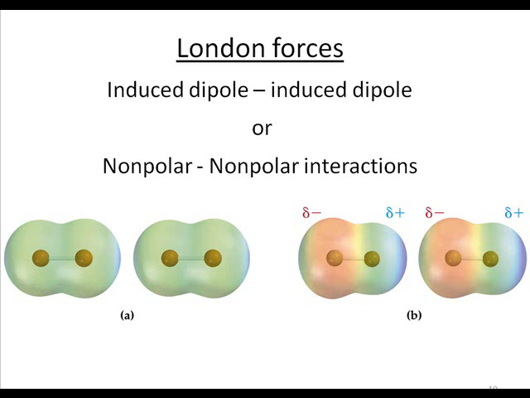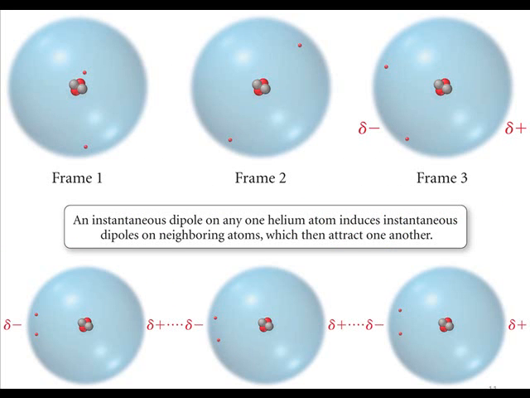That momentary polarity induces or creates a momentary polarity in its nearest neighbor. After all, the positive region on the left would create a negative region on the right because the electron cloud on the other one would have an attraction to it. And so in that instant, the polar positive, polar negative have an attraction, and therefore those molecules are briefly held together. Again, it's important to realize that this is an instantaneous event.